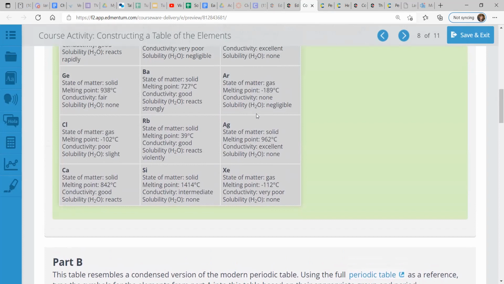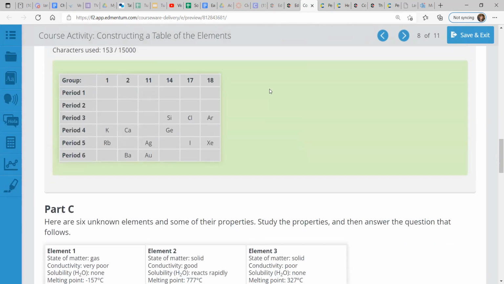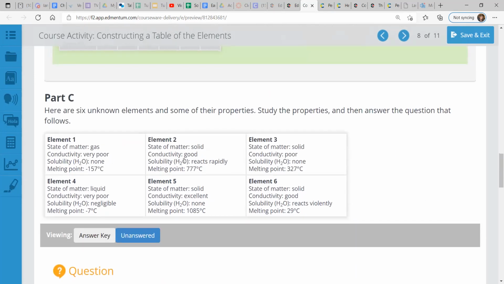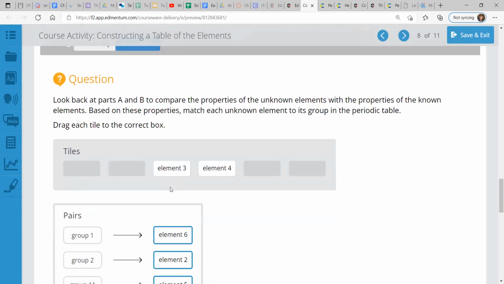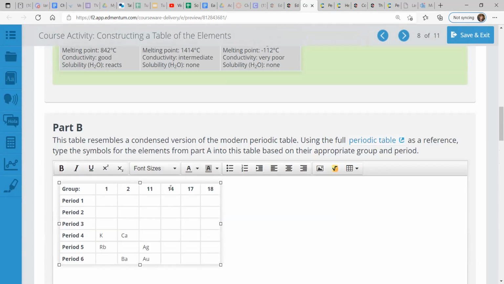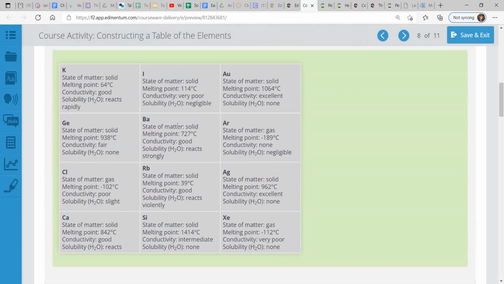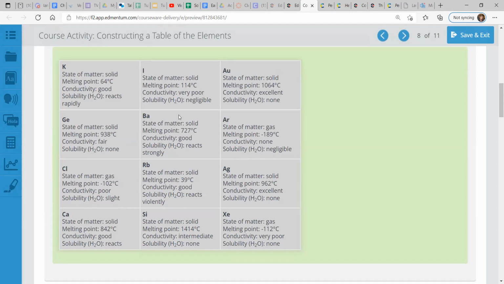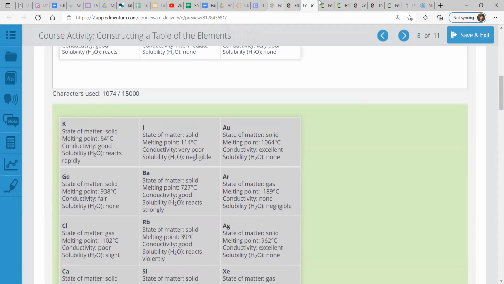So argon, xenon, melting points are very low. So negative 112 degrees Celsius, negative 189 degrees Celsius. Whereas, let's see. How about the halogens? Let's look at the halogens. Iodine, melting point, 100. And let's see, germanium.